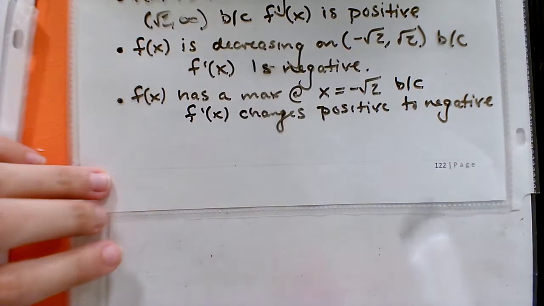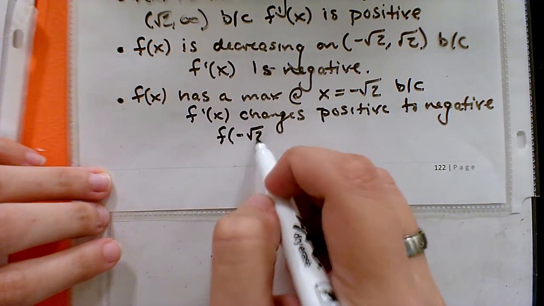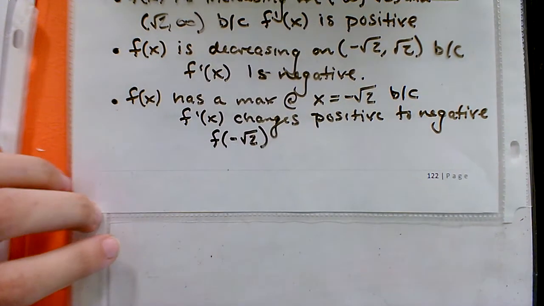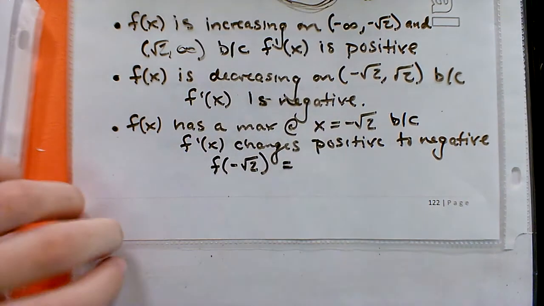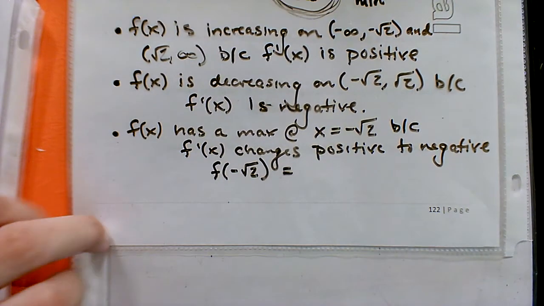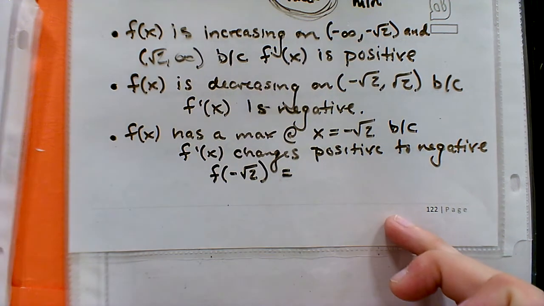So this is when your calculator might be needed. If you were to plug in negative square root of 2 into the original function, what would we get out? I need you to take the time to do that. For those of you that have a calculator, plug in negative square root of 2 into the original.